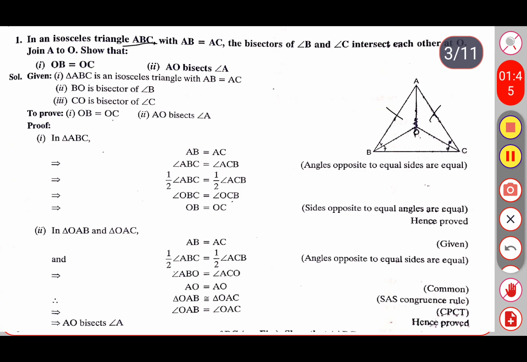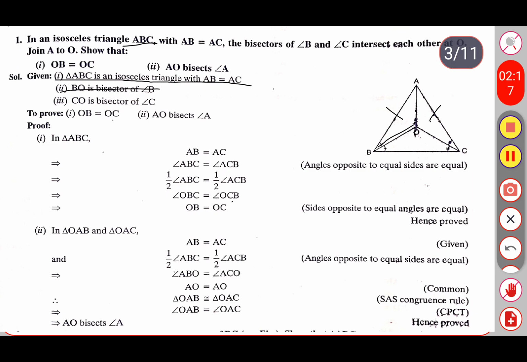Here first write the given data. What is the given data here? Triangle ABC is an isosceles triangle with AB equal to AC. In triangle ABC two sides are equal, that is AB equals AC. Next, BO is a bisector of angle B. It means BO will bisect the angle B into two equal parts.